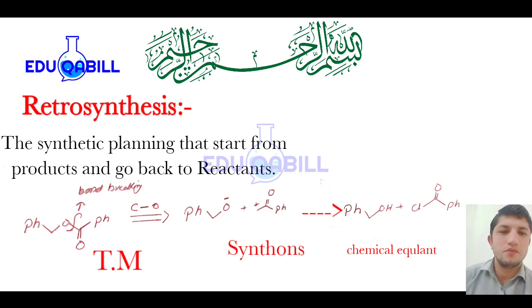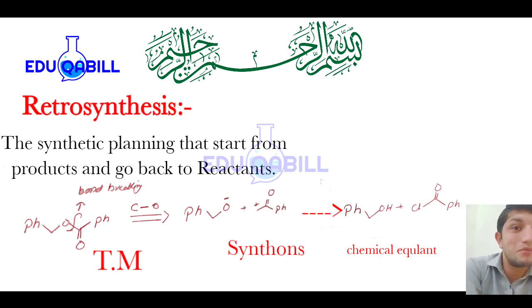TM is the targeted molecule, and the bond breaking occurs between the carbon and oxygen. So we write C-X, the carbon-oxygen bond, over the disconnection arrow. This arrow is known as the disconnection arrow.